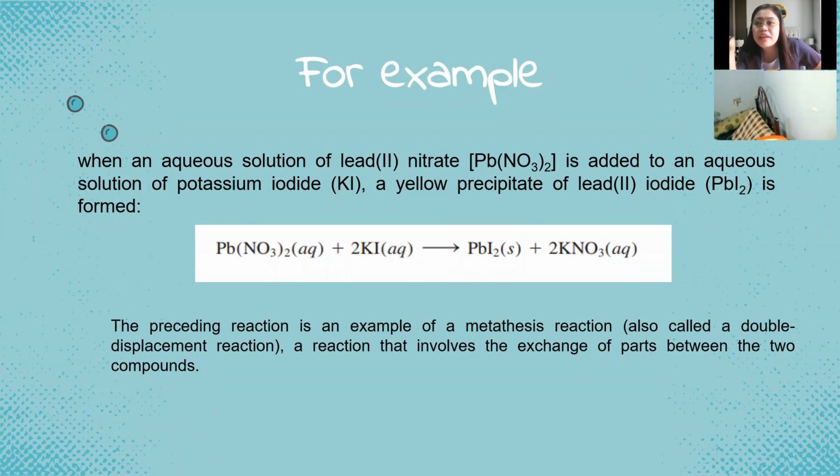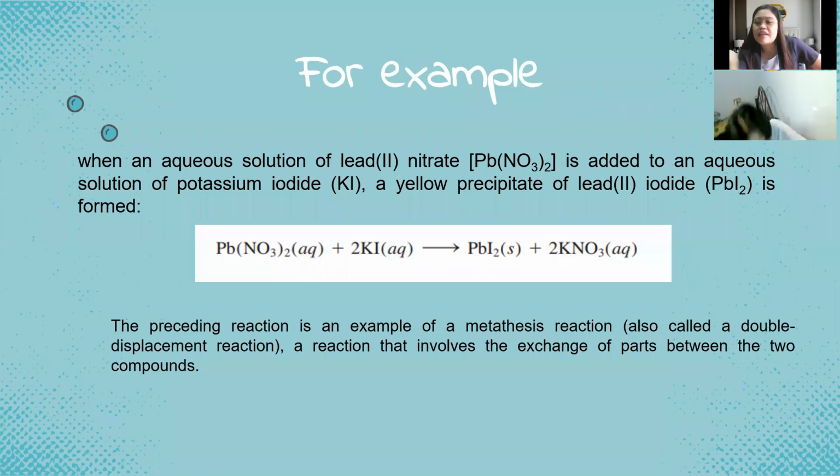But as you can see on the screen, in the reaction, it will produce the lead iodide and the 2 molecules of potassium nitrate. The potassium nitrate is aqueous, meaning liquid. But take note, we have an S there, meaning solid. The lead iodide is a solid substance and that is an indication that it became a precipitate here.